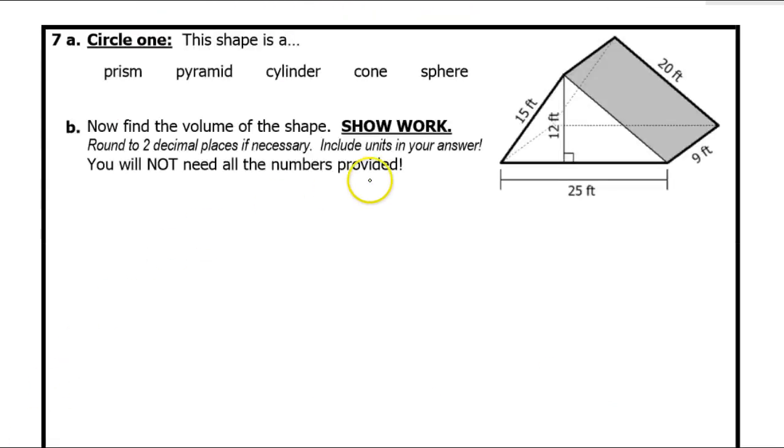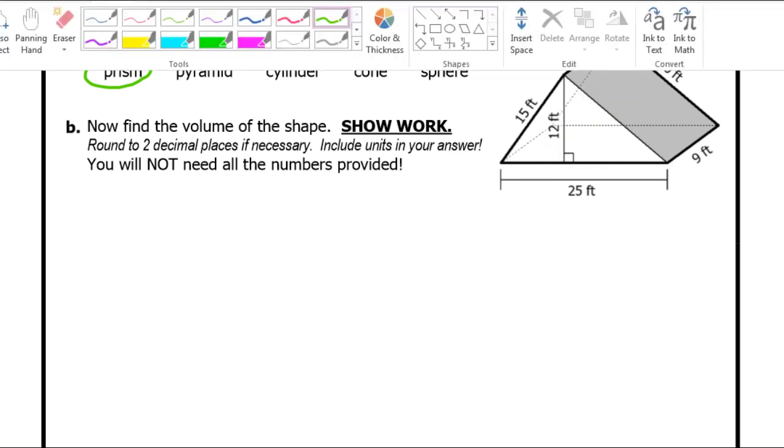Okay, this shape is a prism, and I know this because a prism has a congruent shape on both ends. And whatever that congruent shape is, that's the base.